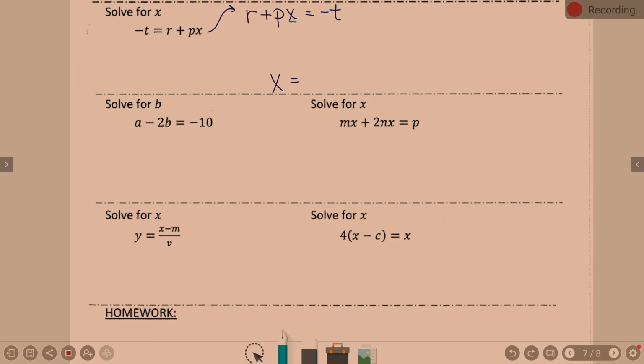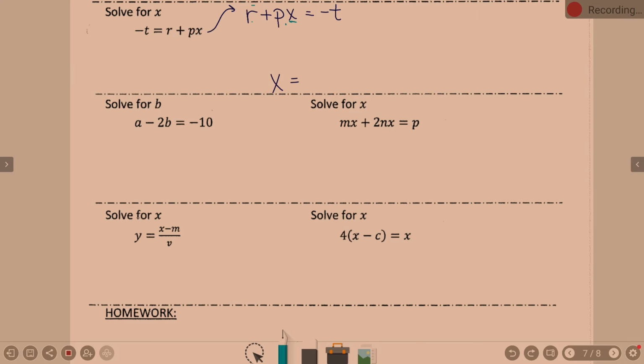The r. To get x by itself, that's our final goal. But first of all, we've got to get px by itself. To get px by itself, how do we move r? Subtract. Since it's a positive r that's being added to something else, we're going to subtract r.